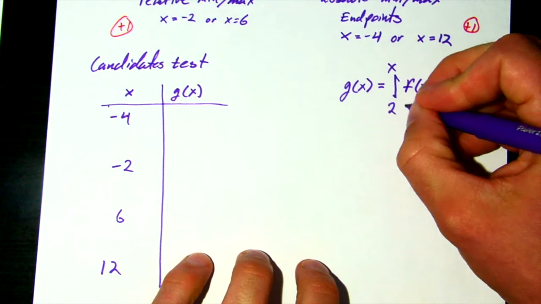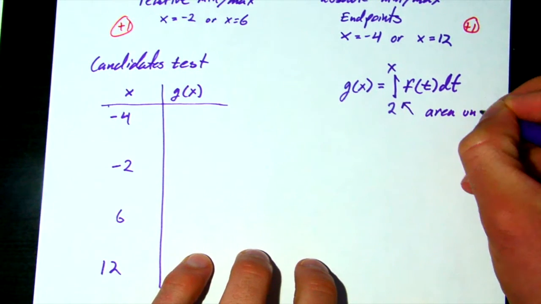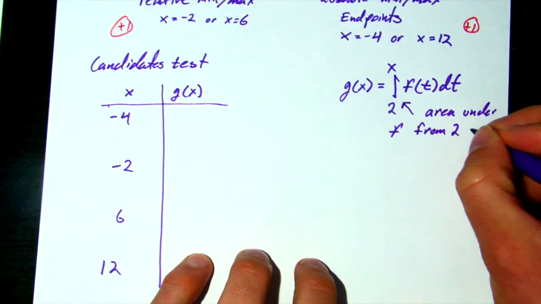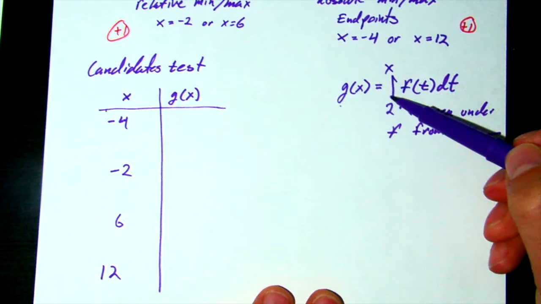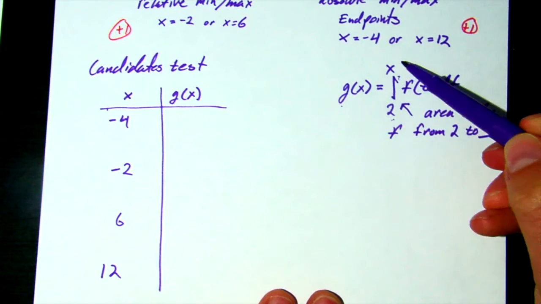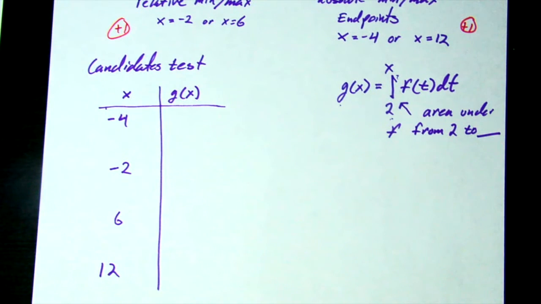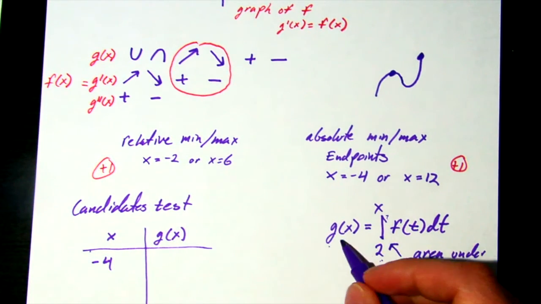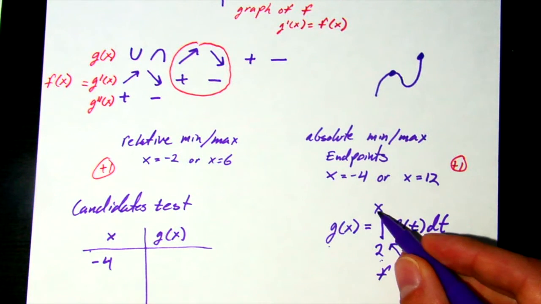What this means is that g of x is equal to the area under f from 2 to x.